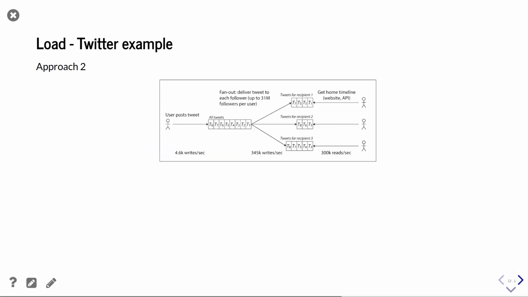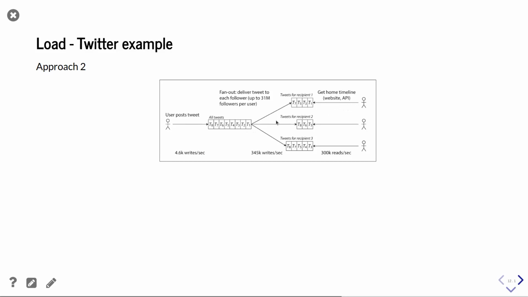So they switched to approach 2, which is intuitive, as described here in the diagram. When a user posts a tweet, it is put into a queue, and then each follower of this user gets the tweet returned to their cache.